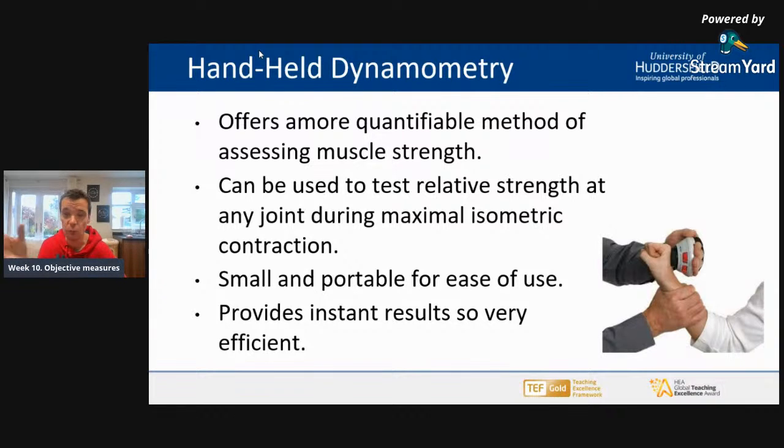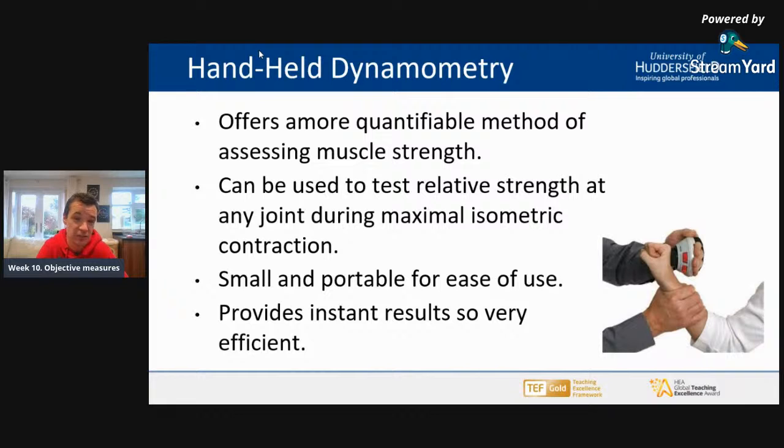You can do it in a wide variety of joint movement, so it doesn't have to be necessarily in 0 degrees flexion, anything like that. So they actually can be quite useful, and because of their portable use as well and their instant results, they're really quite handy. The only downside to them is ultimately it does rely upon your actual strength as a practitioner. So if you can become overpowered, it's very difficult to then isolate that particular movement. But again, they're starting to creep their way in.